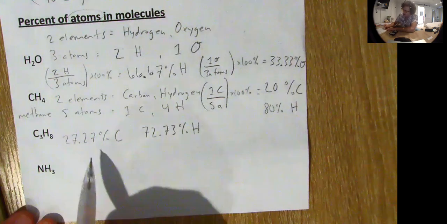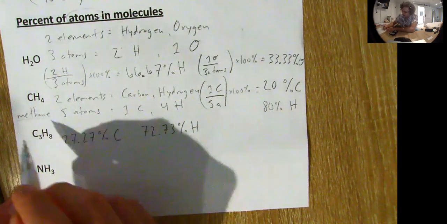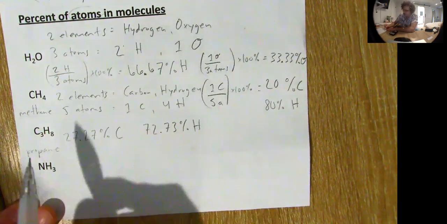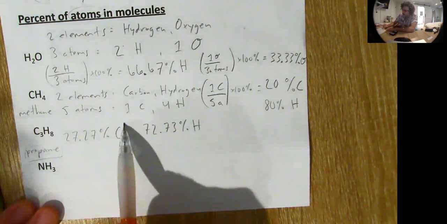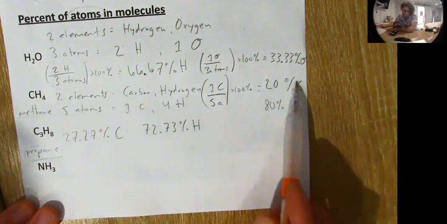Okay, so this is the difference between methane that comes out of your stove and propane that you use on the barbecue. Propane has a higher percentage of carbon than methane does. Well, what does that mean?